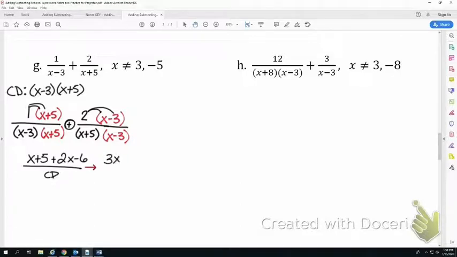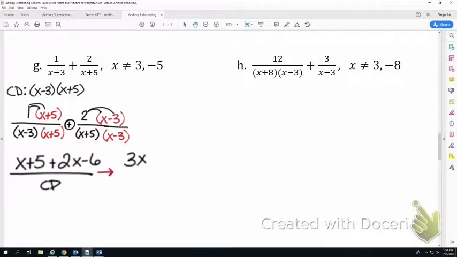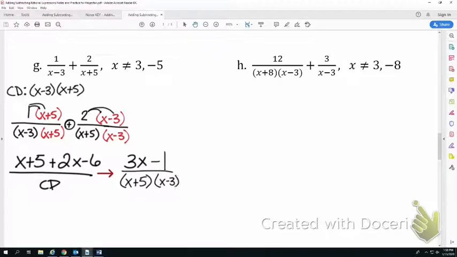And then I'll just simplify my numerator. So 3x minus 1 over x plus 5, x minus 3. Can I factor anything here?